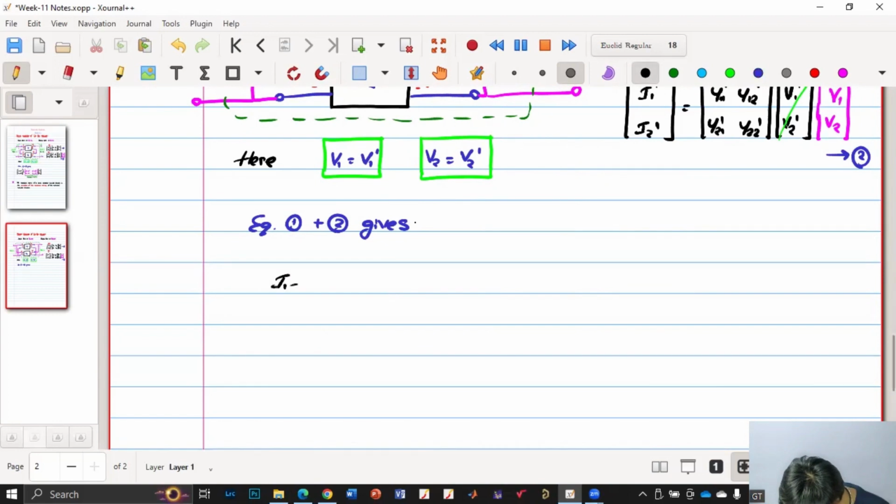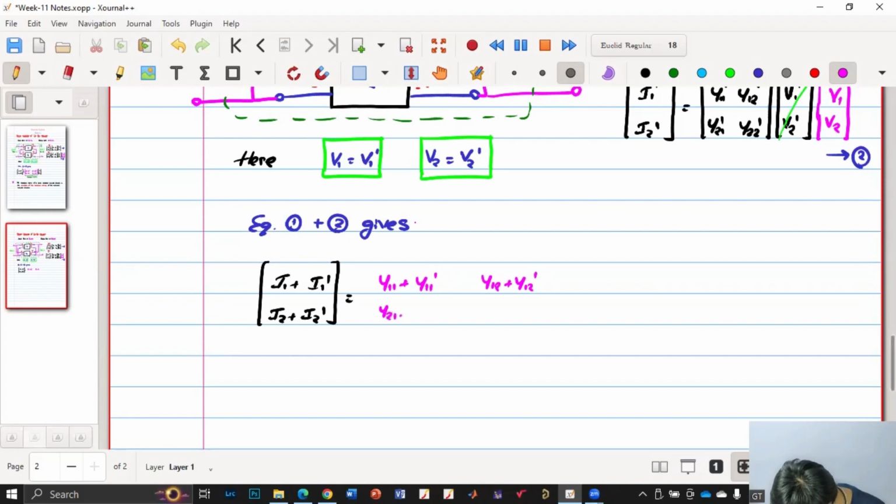So we have I1 plus I1 dash, I2 plus I2 dash is equal to Y11 plus Y11 dash, Y12 plus Y12 dash, Y21 plus Y21 dash, Y22 plus Y22 dash, into V1, V2.